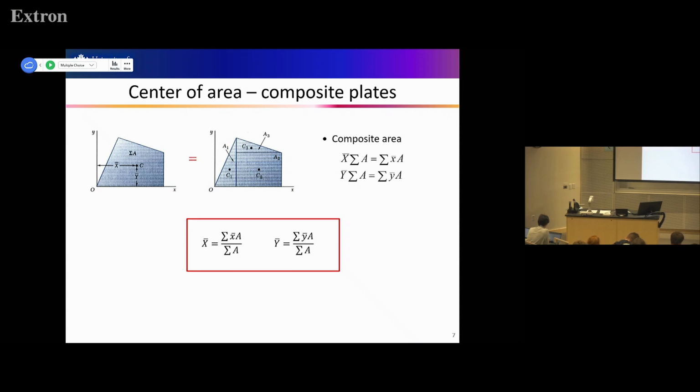Small x bar is the X coordinate of the centroid of the small decomposed section, times the area of the small section, sum them up, divide by the entire area. And the Y bar is similar, but we are using small y bar, the Y coordinate of the centroid of each subsection, right? Okay, so this is a very important equation we'll use today, and we'll use this for the first problem.